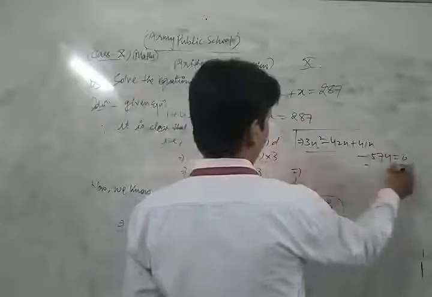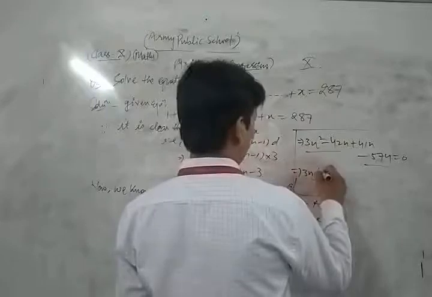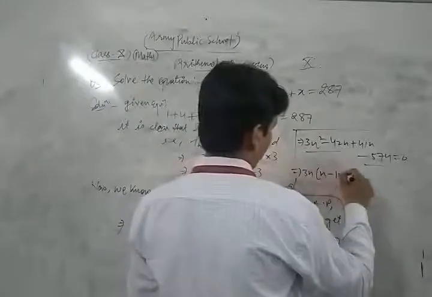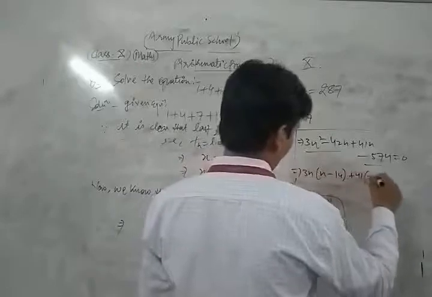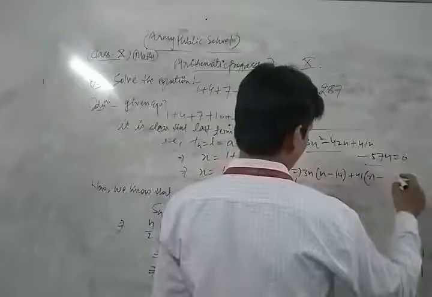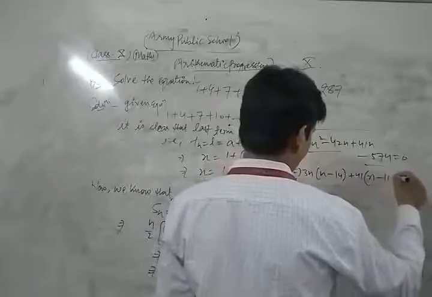Now we form the pairs. We take 3n as common, so n minus 14, here plus 41 take as common, so n minus 14, is equal to 0.